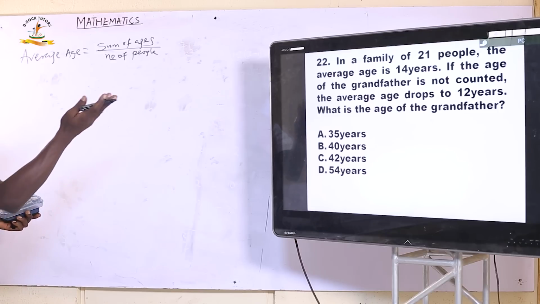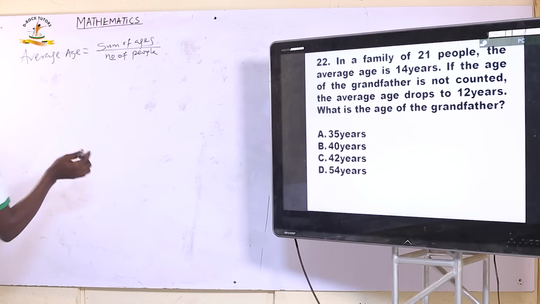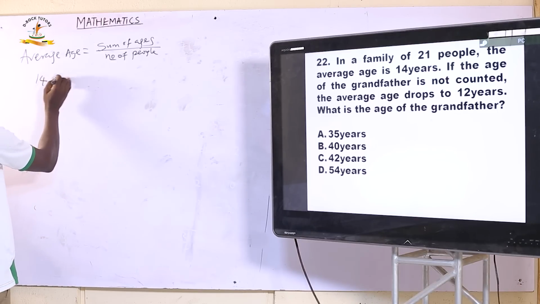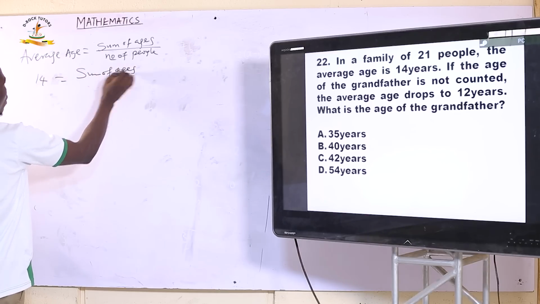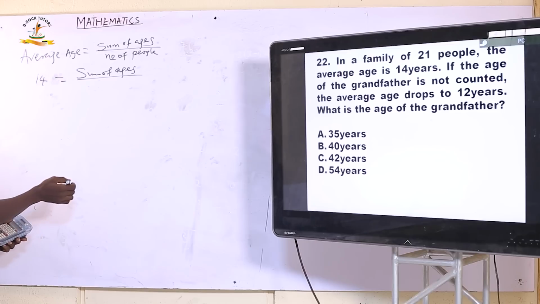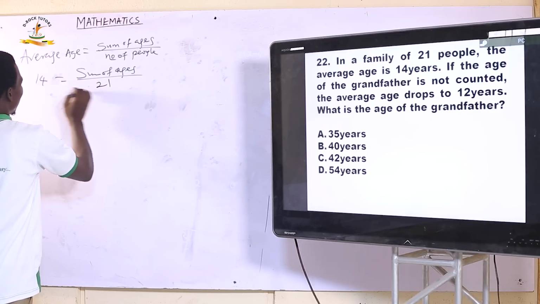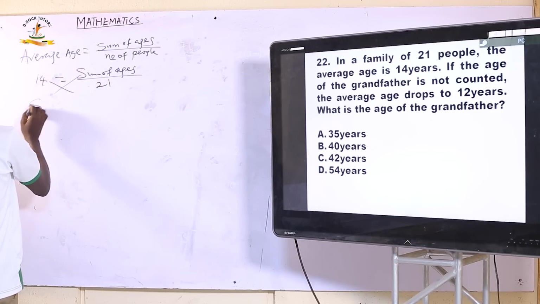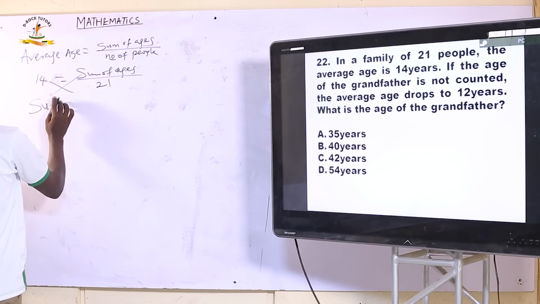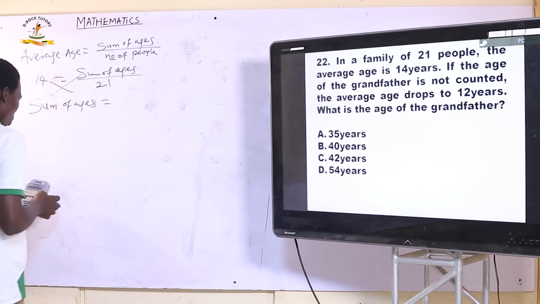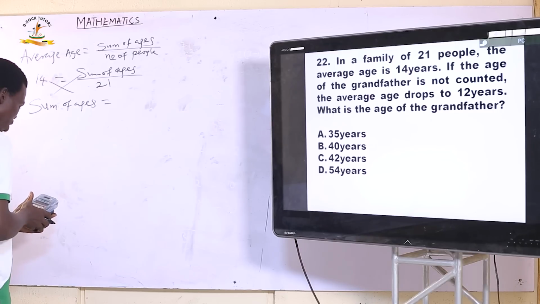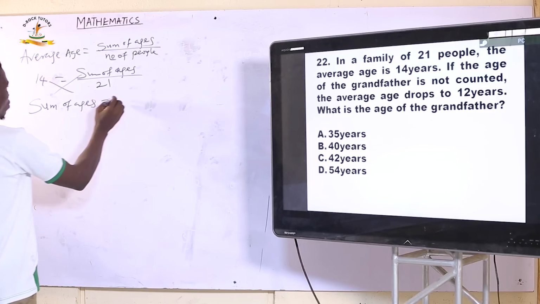Because there are 21 in the family and the average age is 14, I write 14 equals the sum of ages all over 21. So the sum of their ages is going to be 14 by 21.